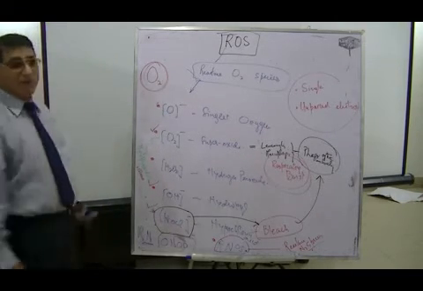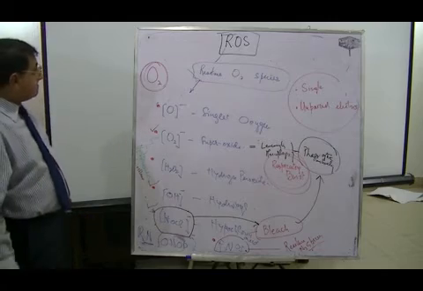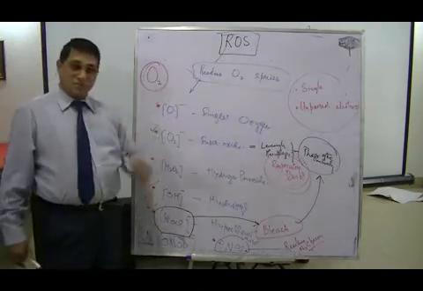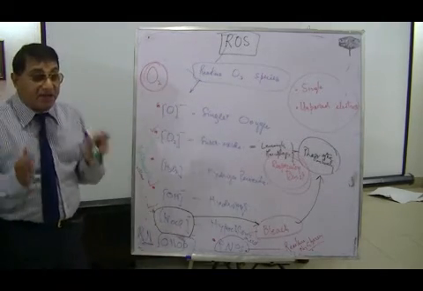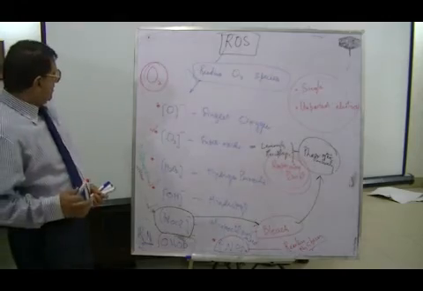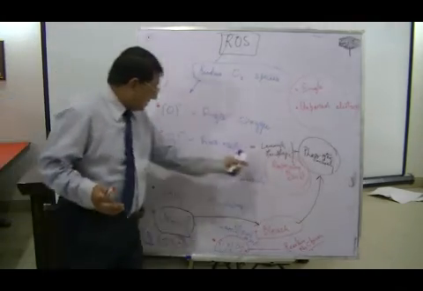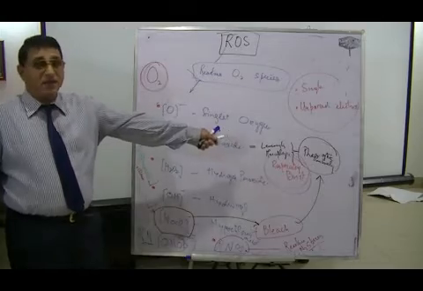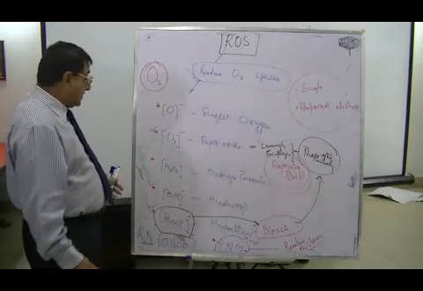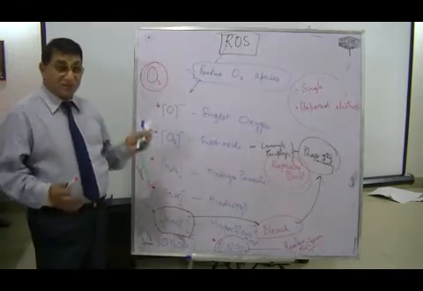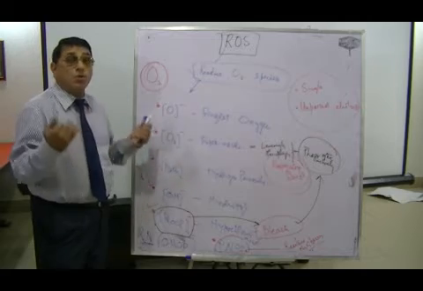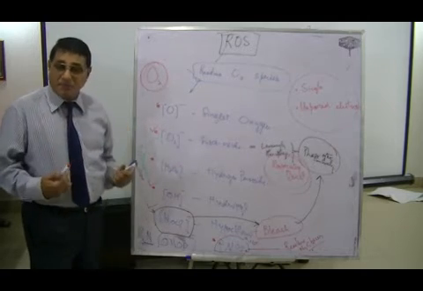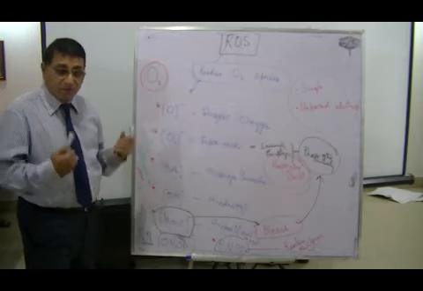So during normal metabolism in the body, reactive oxygen species are formed, but they must be dealt with quickly. Over here, reactive oxygen species have got a very positive effect. They kill the microorganism, phagocytic. But then they also have a negative side when they start attacking the body's own cell membranes, body's own structures.